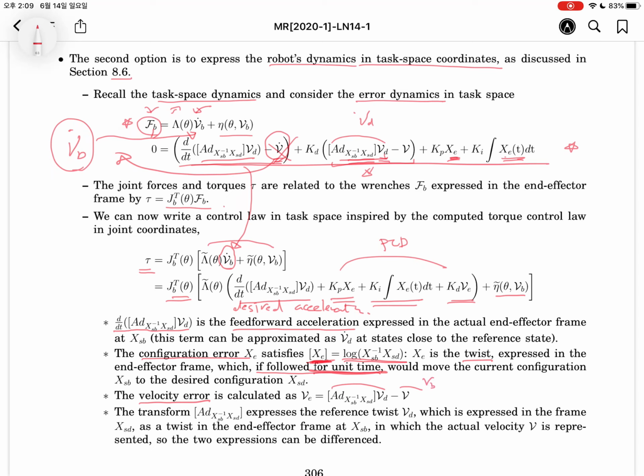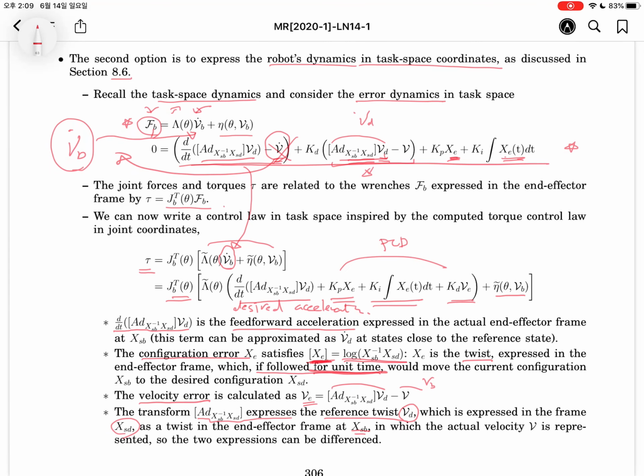So by subtracting each other, we can get the velocity error. And then the other part expresses the reference twist by V_d. It is expressed in the X_SD frame, so it should be exchanged into the body frame using this one.